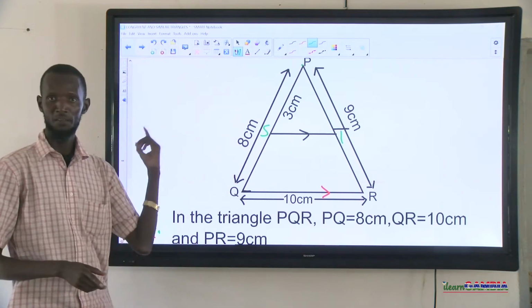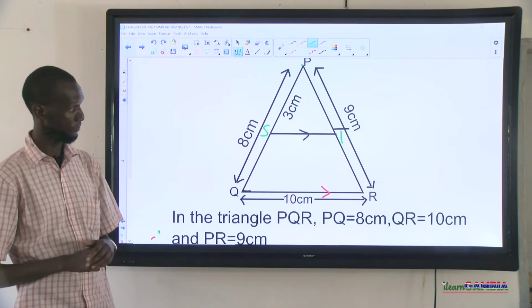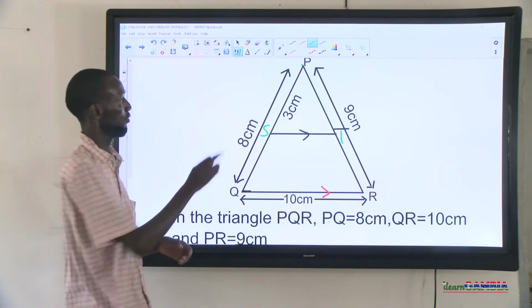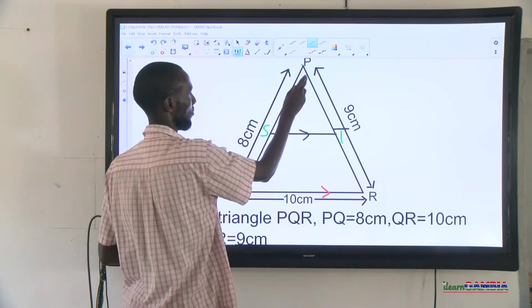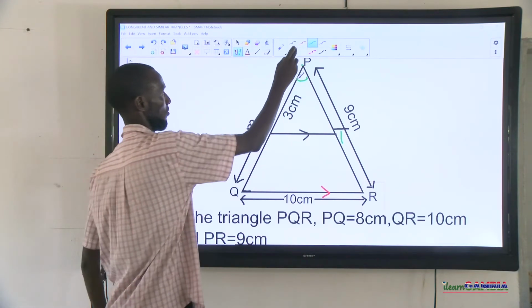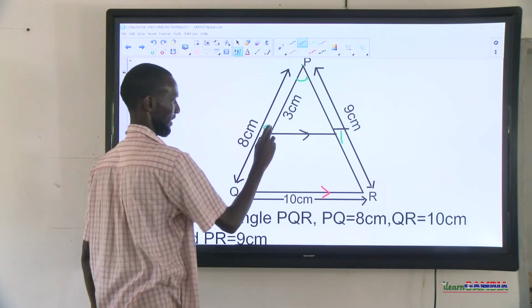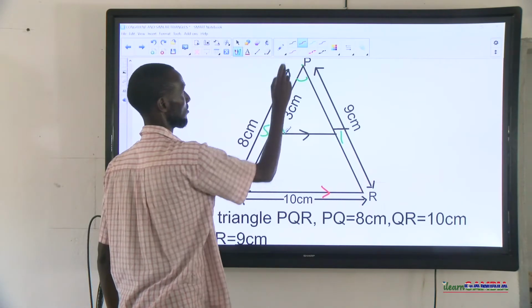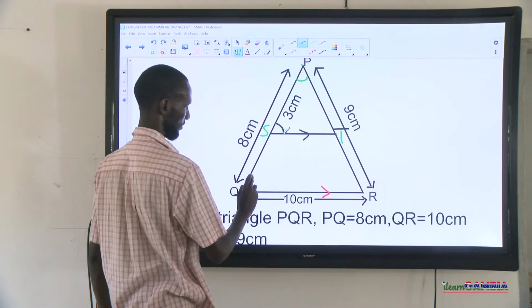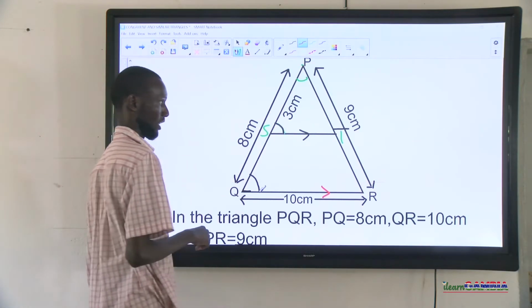From our previous analysis, we have proven that these are actually similar. How did we do that? First, they had this angle here in common, both triangles. Also, we saw that this angle here was equal to this angle here because they were corresponding.